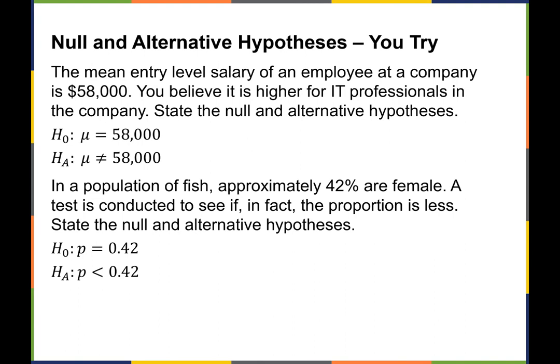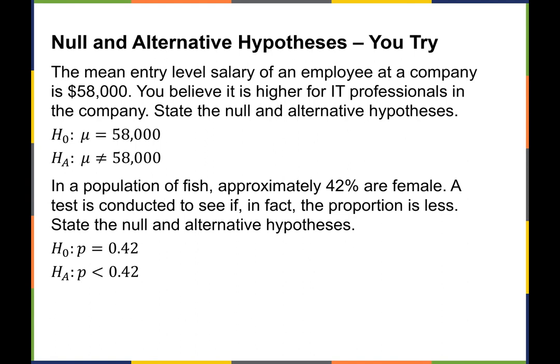That would be mu equals 58,000. The alternative hypothesis to 58,000 would be not 58,000. Even though we believe it is higher for IT professionals, we needed to contradict the null hypothesis. So we can't use greater than, we needed to contradict. So it's going to be not equal to 58,000.